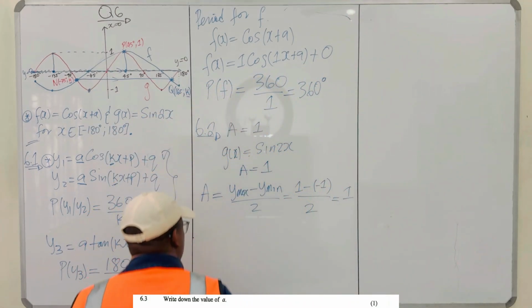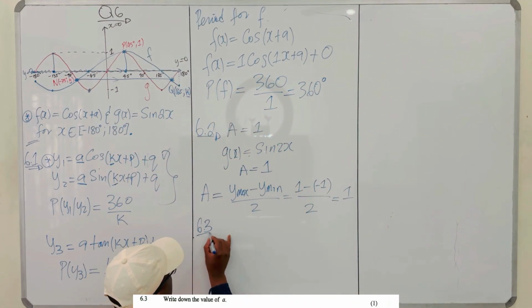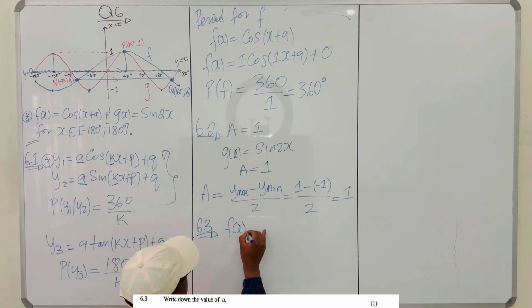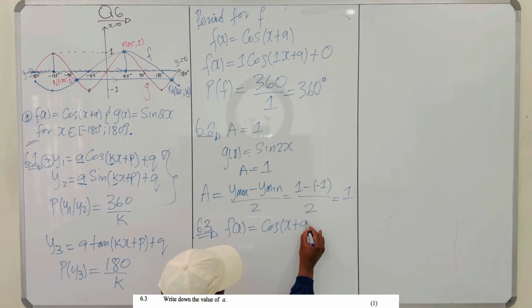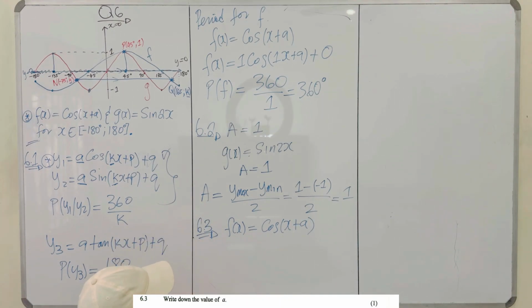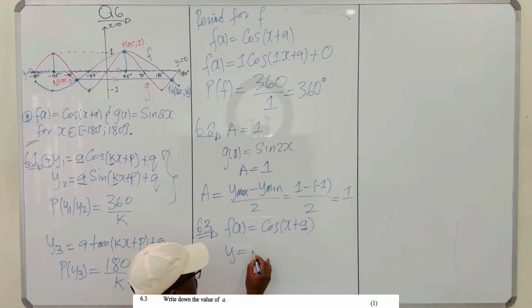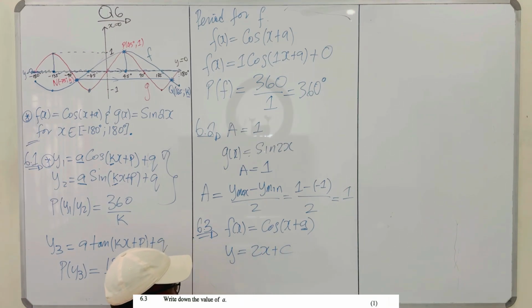So you are given in 6.3 that f of x is equal to cos x plus A. That's what they gave you. So they wanted to find the value of A. As you might know, if you are given an equation, like maybe y is equal to 2x plus 7, or let's say plus c, in order to be able to find that one unknown value there, you need at least a point.